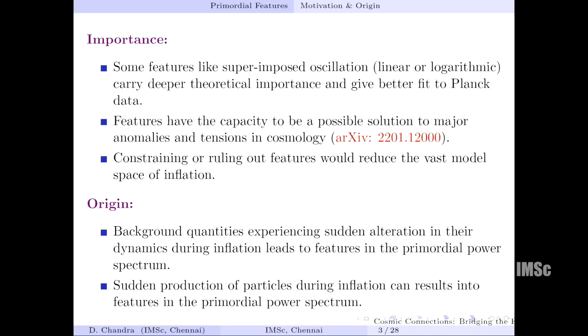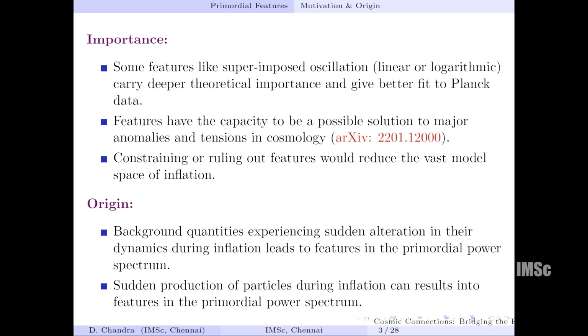Now one may ask, if the power law form is very good at explaining the large scale structure and the CMB observations, then what is the point of studying primordial features? We have several motivations. First of all, the theoretical models that give rise to primordial features carry a strong weightage, similar to the single field slow-roll model, in explaining the early universe. Secondly, despite not being statistically that significant in comparison to the power law power spectrum, some primordial features, like linear and logarithmic superimposed oscillations, give a better fit to Planck data.